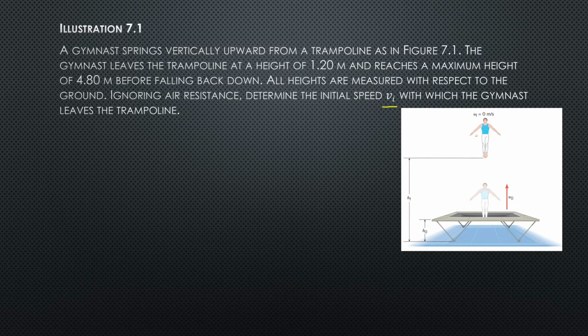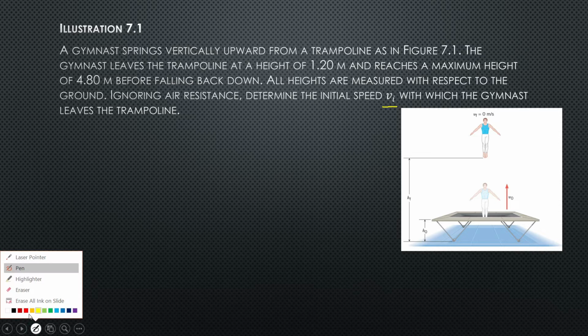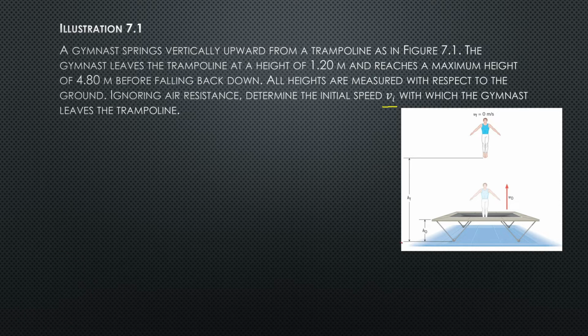So, based on the given figure, all measurements of the height are measured from the ground level. So, initial height up to the trampoline, and then its final height or final position to its feet is given 4.8 meters and initial height is 1.20.